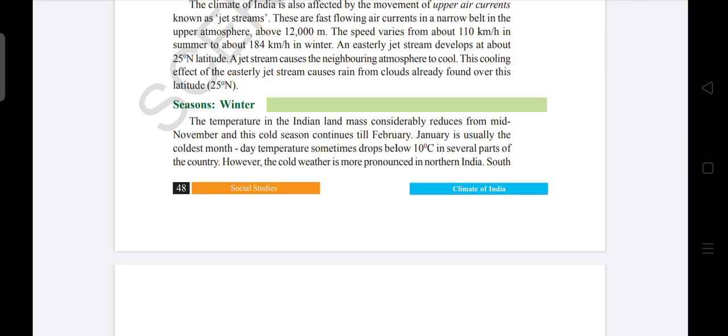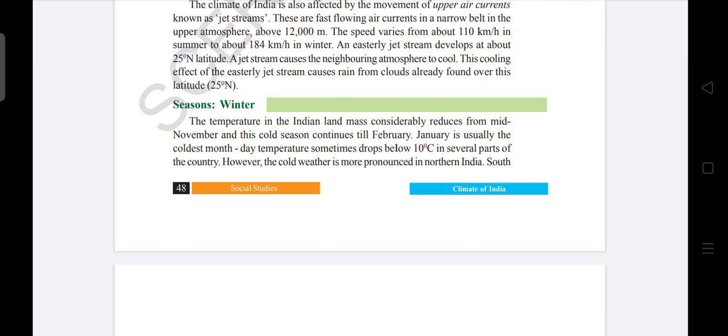So here the temperature in the Indian landmass considerably reduces from mid-November, and this cold season continues till February, so we will be getting winter between November and February. We all know that January is the coldest month, because the day temperature sometimes drops below 10 degrees Celsius, and the cold weather is more pronounced.